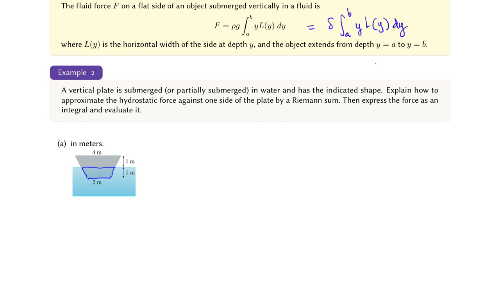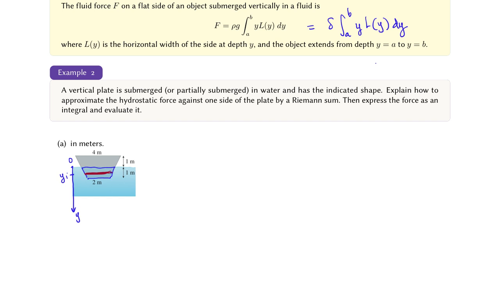We need to slice the thin plate horizontally so that any point on the slice has the same depth from the water level. We then position the coordinate axis so that y equals 0 is at the water level, with the positive direction pointing down. The depth of the slice is yi.